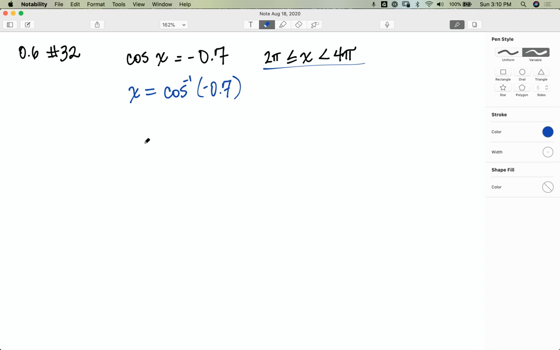So we want to consider what type of angle this is talking about. It's talking about an angle x whose cosine is negative. So that's not quadrant 1, that's not quadrant 4.